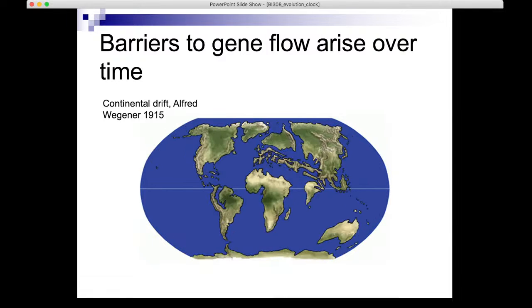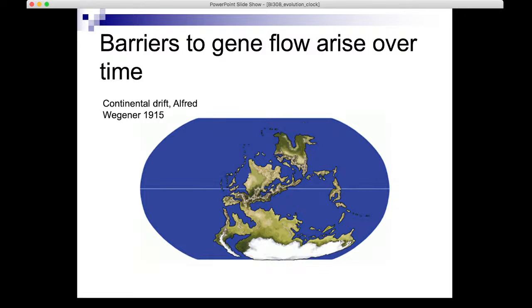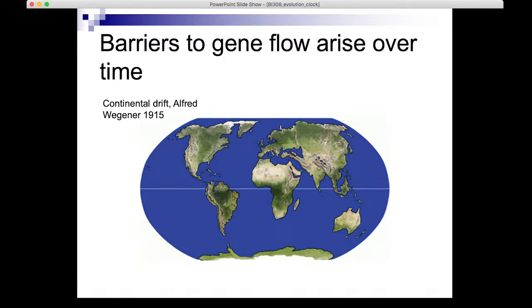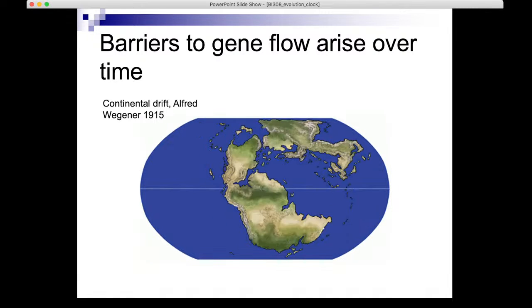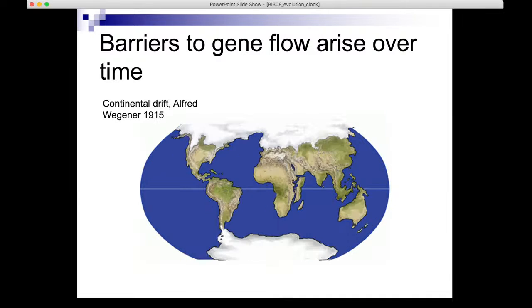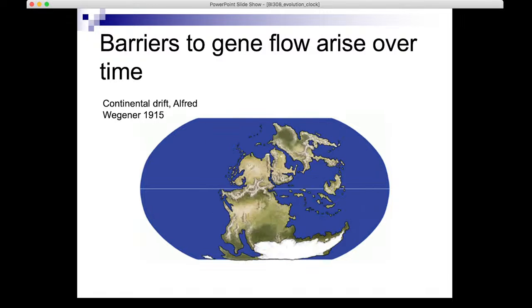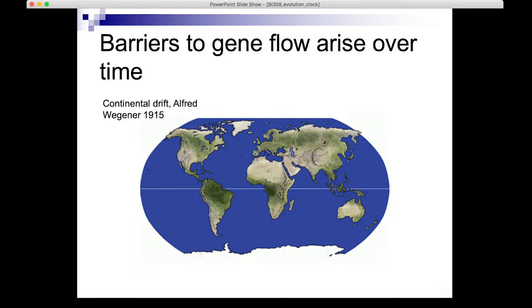Over evolutionary time, of course, continents have not been where they've always been, and so this is an animation of the history of the continents. So way back when there was Pangea, just one, and of course now there's multiple continents, as we know.